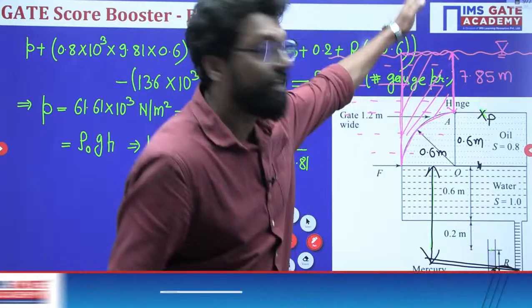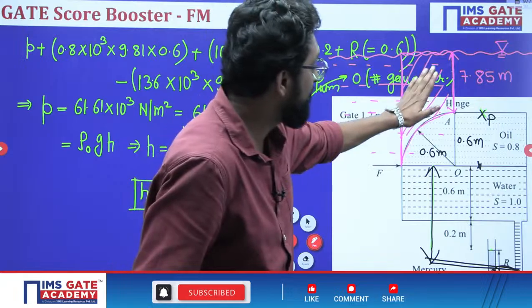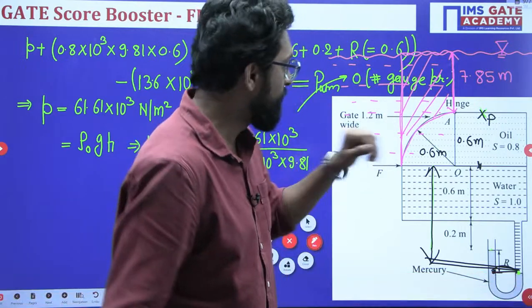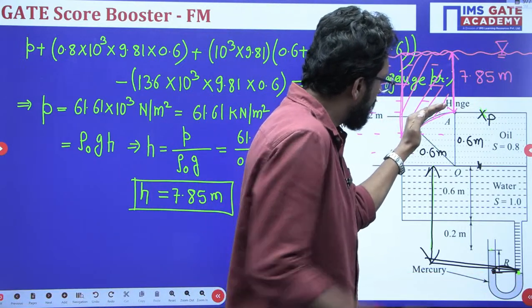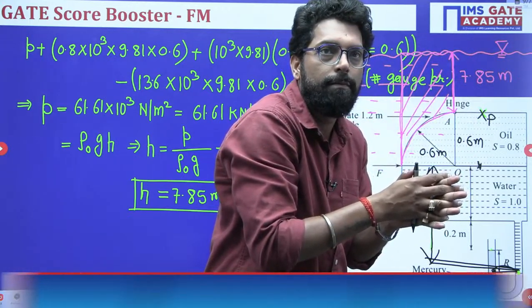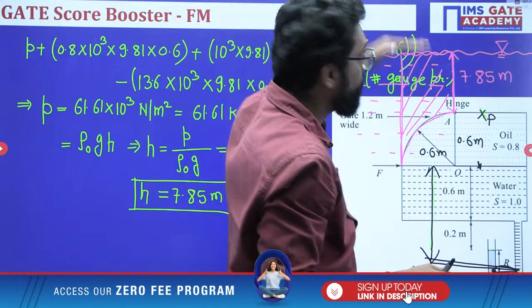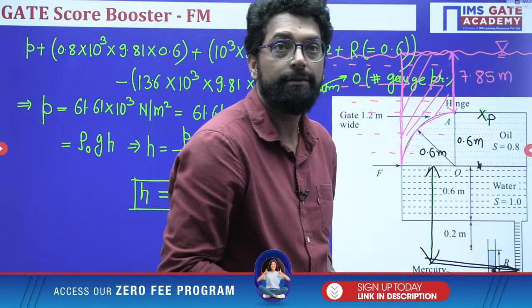It is not a real fluid. Why? Because this is a curved surface. So here it is a fluid, but here it is not. So this is an imaginary column. Now all the hydrostatic force calculation we do from the free surface, so we create a free surface.